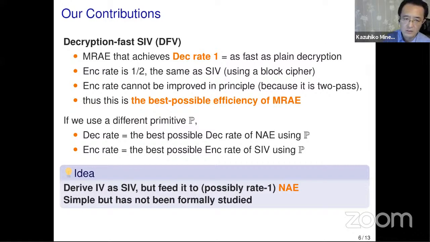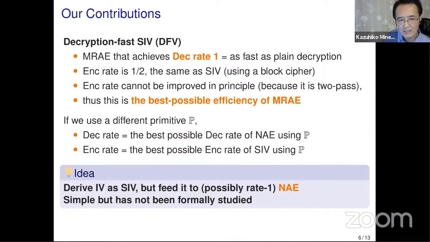This talk describes a pretty simple idea to improve the decryption rate to 1, while keeping the encryption rate at 1/2, the same as the original SIV using a block cipher. It is known that the encryption rate cannot be substantially improved in principle, because we need a 2-pass operation for encryption.